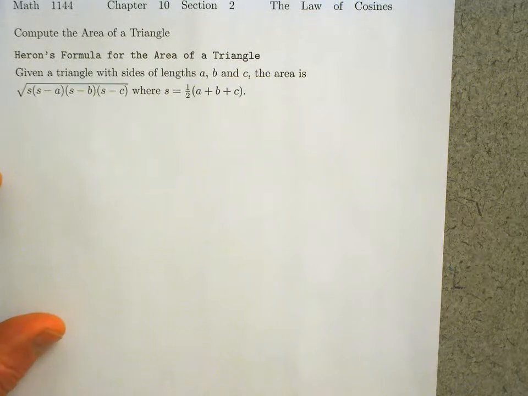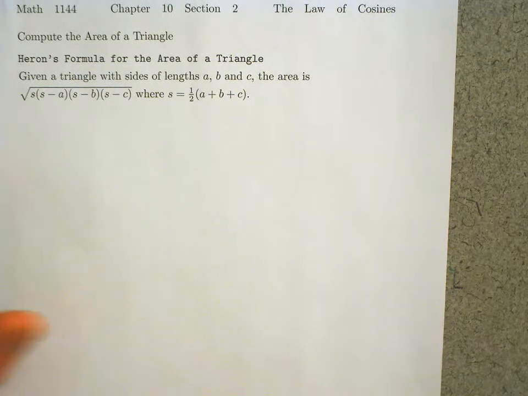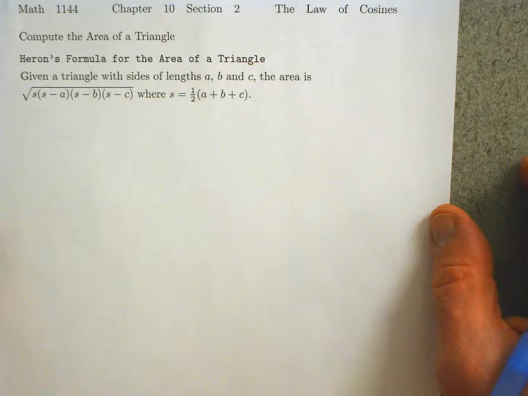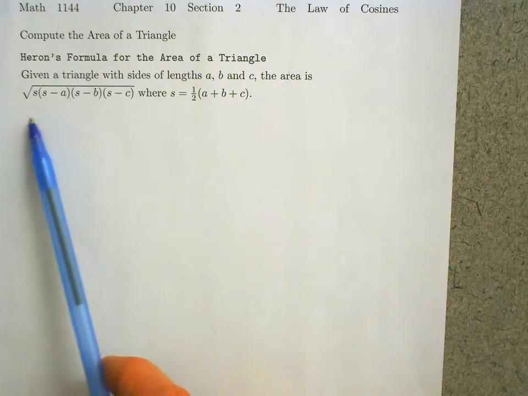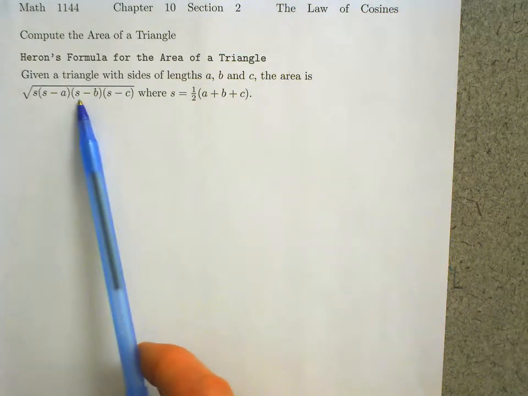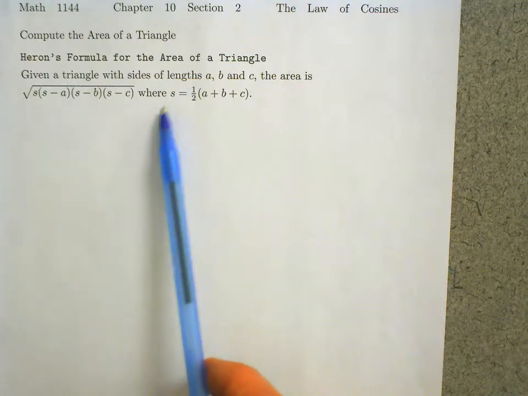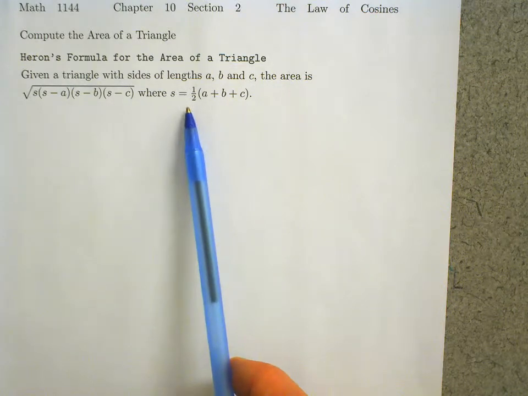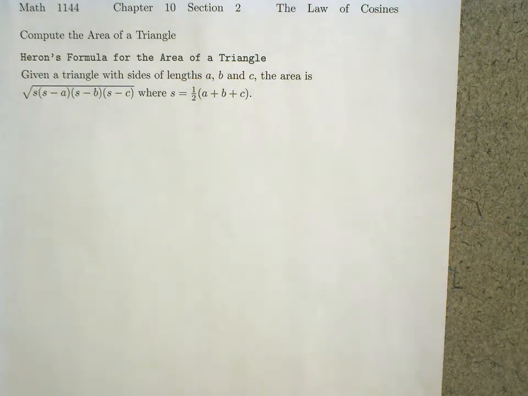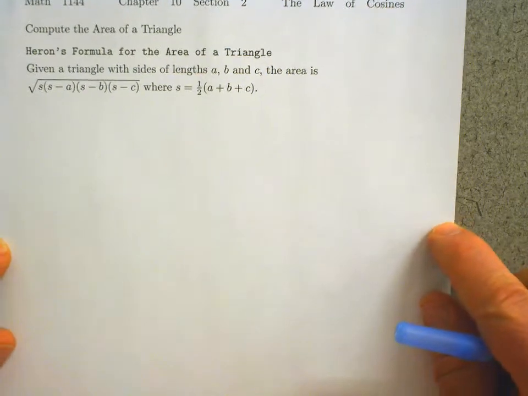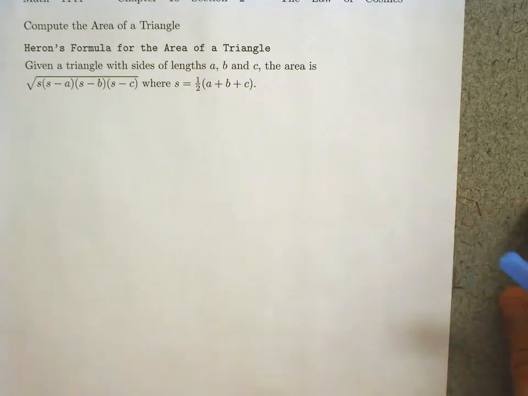Okay, there's an area formula in section 10.2 also. So given a triangle with sides of lengths A, B, and C, the area is the square root of S times S minus A times S minus B times S minus C, where S is equal to 1/2 times the quantity A plus B plus C. Well, we're not going to prove it.